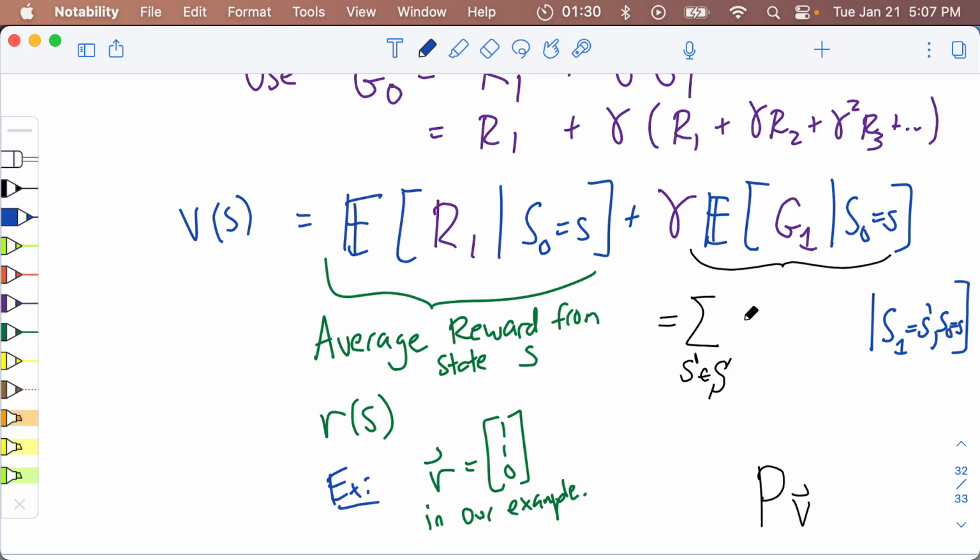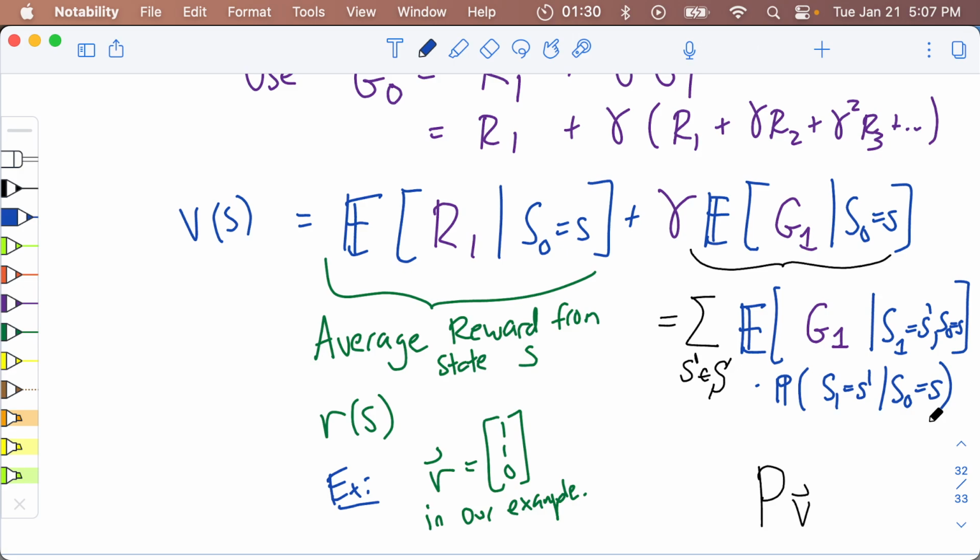So this is the law of total probability again, conditioning on what's going to happen after one step. And you have to sum over all the possible things that could happen, and you have to multiply by their probabilities. And you multiply by the probability that S1 equals S prime given S0 equals S. So this is a common trick in probability. You want to figure out an average, you split it up into a bunch of pieces, you multiply by the probability of each piece, and add them up.